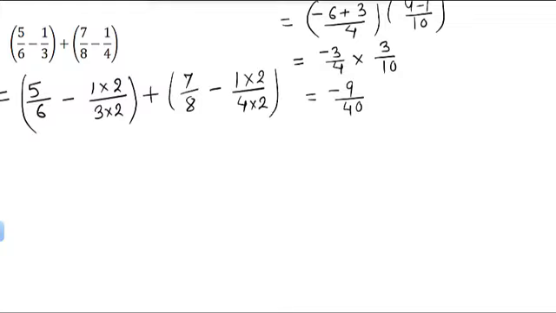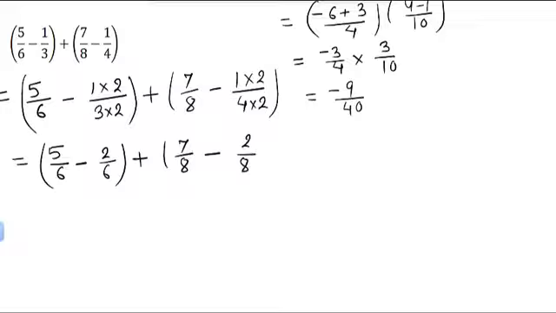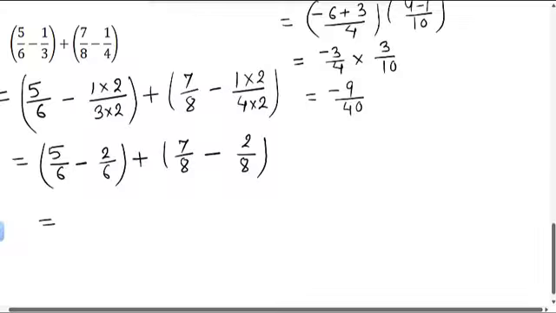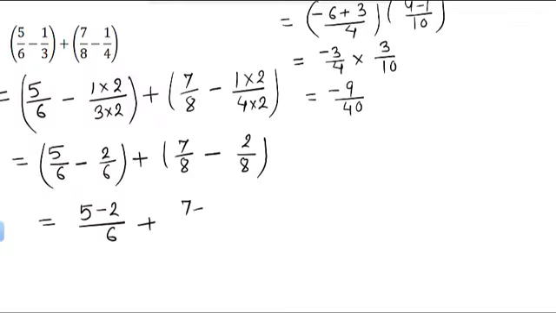So here we have now 5 divided by 6 minus 2 divided by 6, and then plus 7 divided by 8 minus 2 divided by 8. Now simply we have the same denominator, so 5 minus 2 divided by 6, and then 7 minus 2 divided by 8.